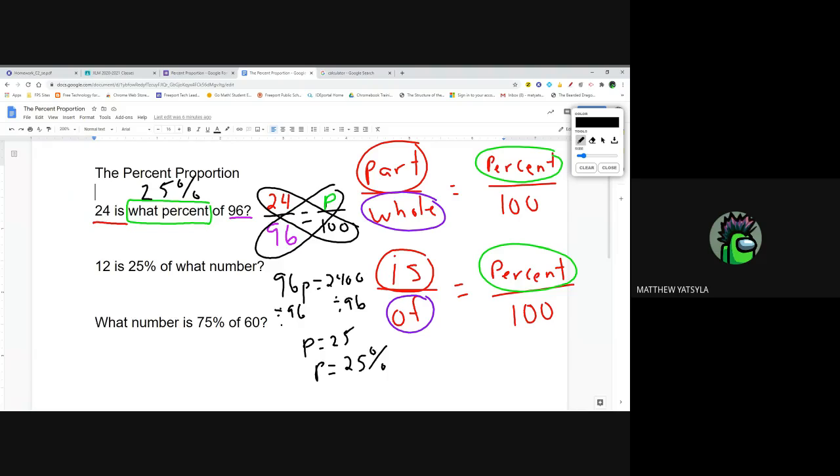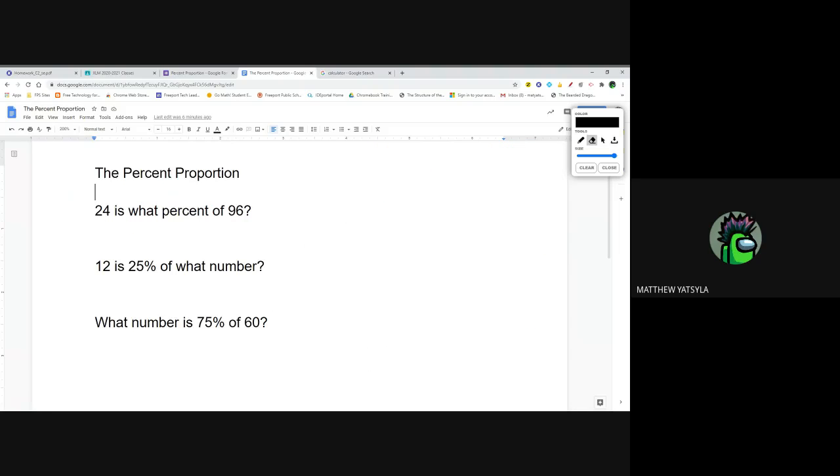Now, let's go ahead and go through the next one. Erase this quick. In fact, let's clear the whole thing. So again, let's go back. Is over of equals percent over 100. Another way of writing it really quick. So we did say that our question, we're going to look for is first. 12 is.